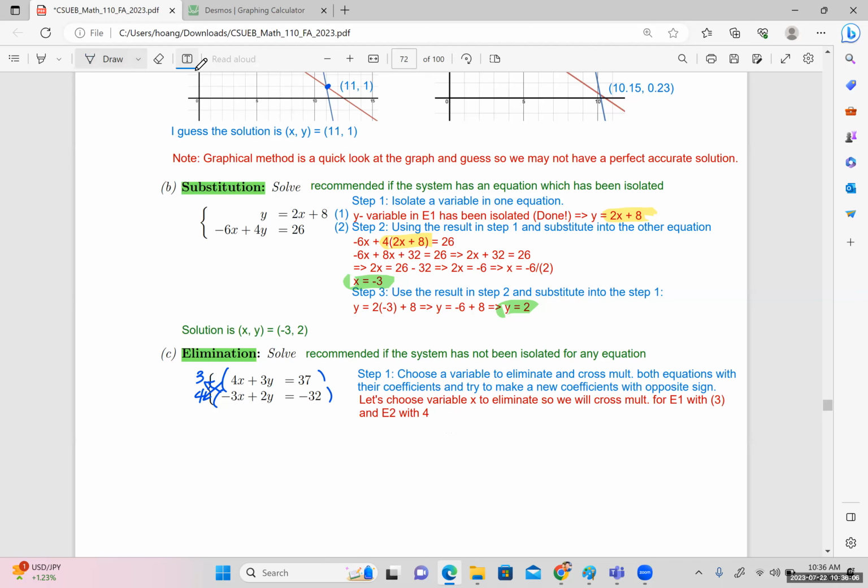Okay, let's see, right? So I will have 3 times equation 1: 3 times 4 is 12x plus 3 times 3 is 9y equal to 37 times 3.